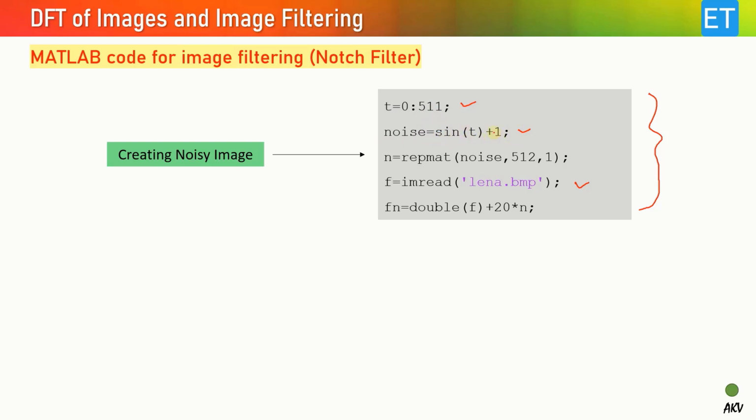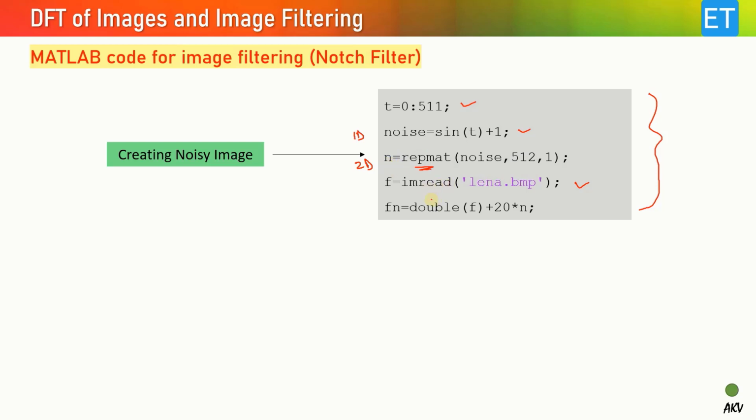Plus 1 is we have shifted up this sine wave, and then with the repeat matrix we have repeated this one-dimensional. Since this is 1D, we have to create a 2D. So now n is a 2D matrix of size 512 by 512. So n is just a pure sine wave in 2 dimensions.